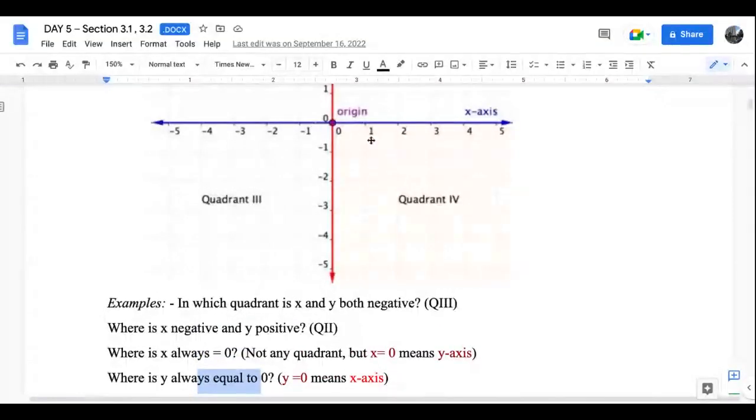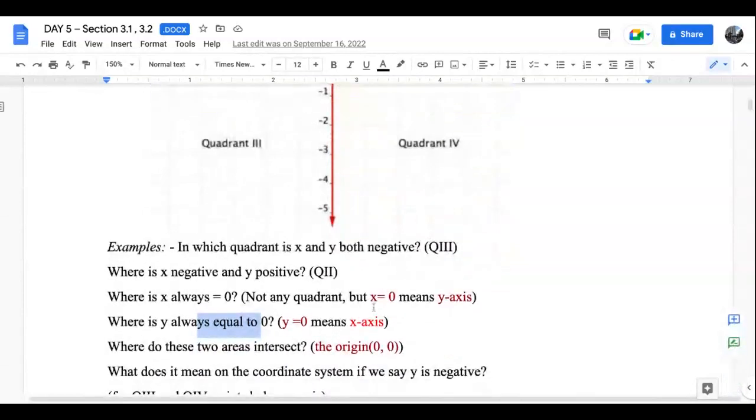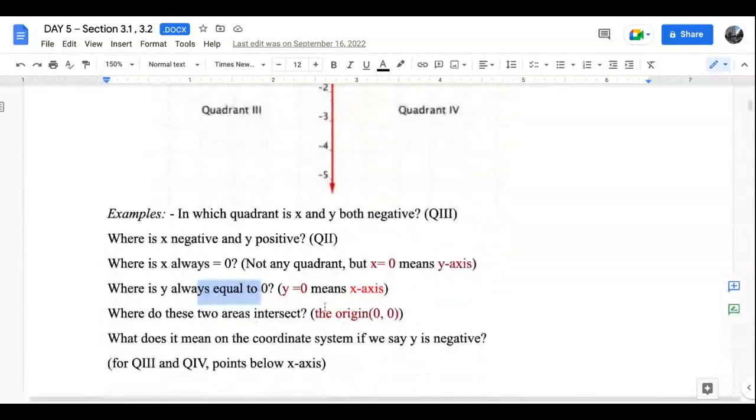The X-axis, right? On the X-axis, the Y value is always 0. So the X-axis has another name, Y equals 0. So this is in the two-dimensional world. The two intersect at the origin, 0, 0: 0 for the X value, 0 for the Y value.